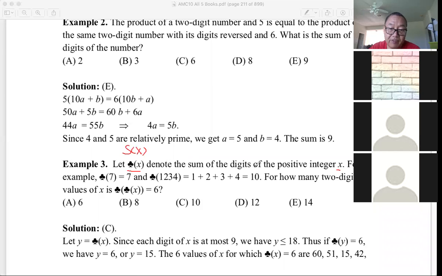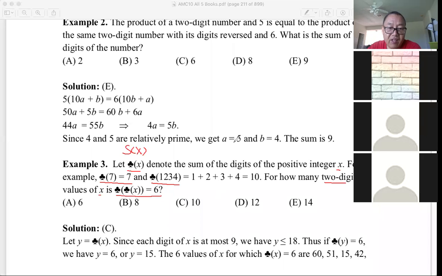So that's the sum of digits of positive integer X. For example, because you only have one digit, 7, the sum of the digits equals 7. But this one, you have 4 digits, so you add 1, 2, 3, 4 together and you get 10. Then they ask you how many 2-digit values of X satisfy this requirement.